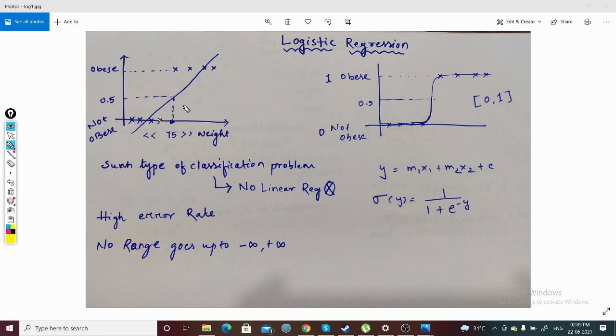Let's see, if I use linear regression, I try to find the best fit line and it comes like that.